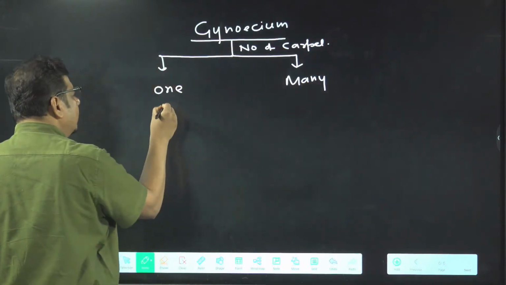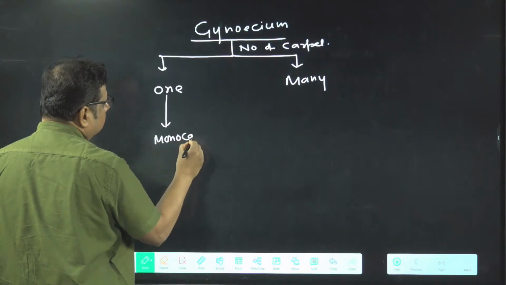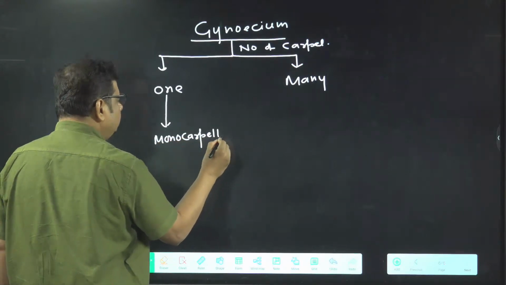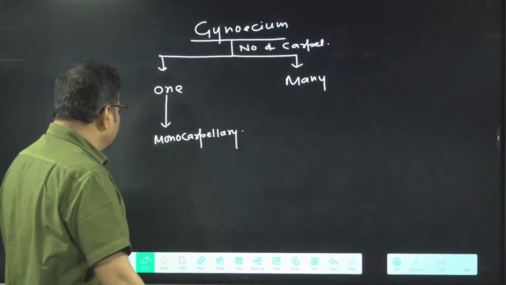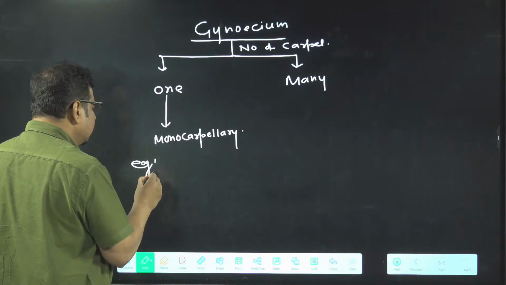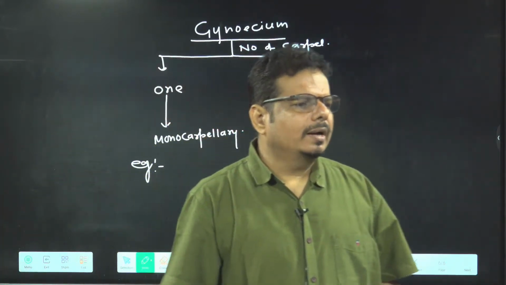So if 1 carpel is there, it is called monocarpellary. Can you give an example of monocarpellary? Gynoecium, if carpel is 1, it is monocarpellary.